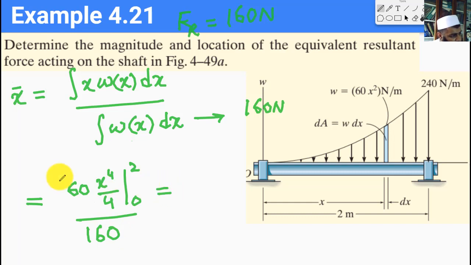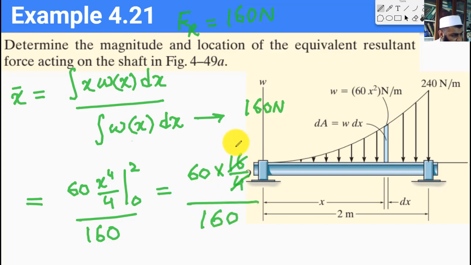Okay, and so this comes out to be 60 divided by 60 times 16 divided by 4 over 160. So this cancels with this, so we get 4 here. This 0 cancels with this, we get a 4, and then we cancel this with this and we get 3 by 2.